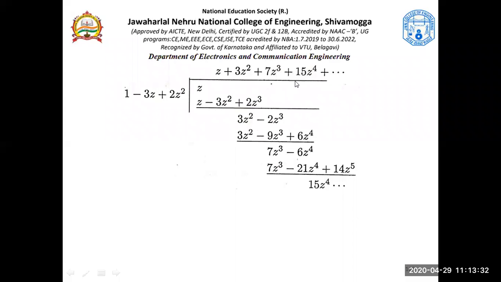Now, this long division method tells you very clearly that the quotient of this long division method is actually x of z. What is x of z?